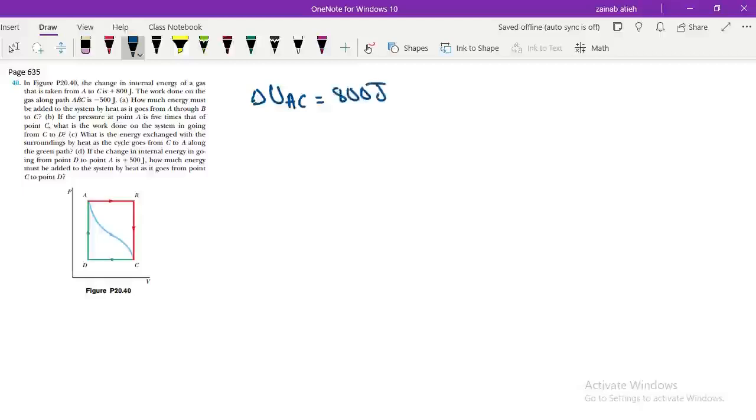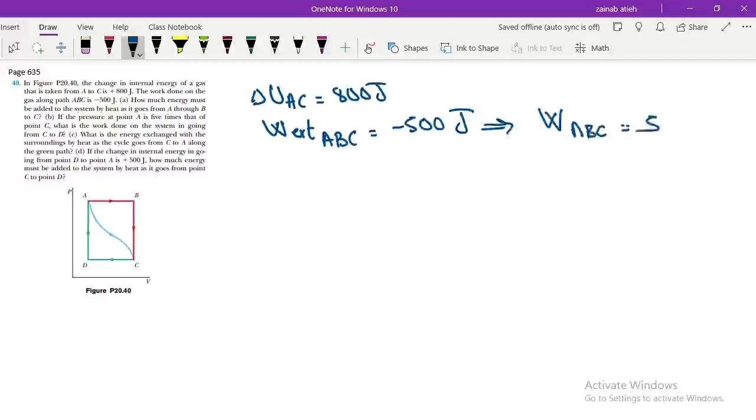He's giving me the work done on the gas. In this chapter, he always gives me the work done on the gas and not by the gas. So the external work on the gas during the path ABC is equal to minus 500 joule. So I will change it to the normal work done by the gas along ABC, which is 500 joule.